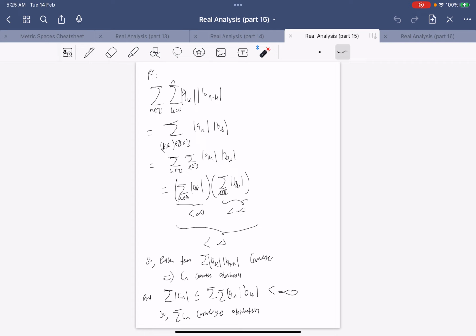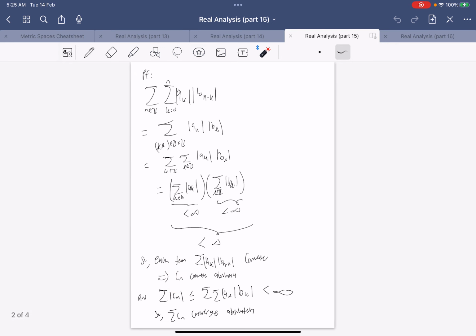Because the whole summation is less than infinity, every term here must be less than infinity as well, and it goes to 0. This means that this term converges, and this term is basically just saying that c_n converges absolutely.